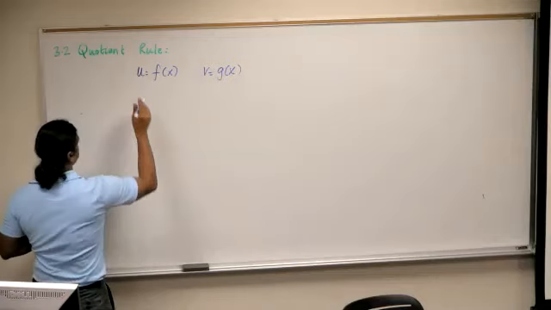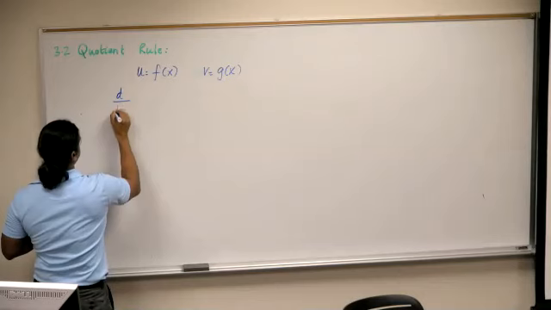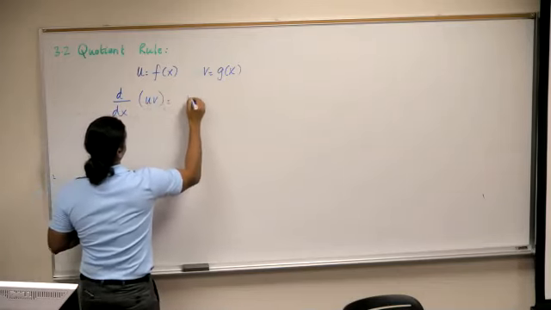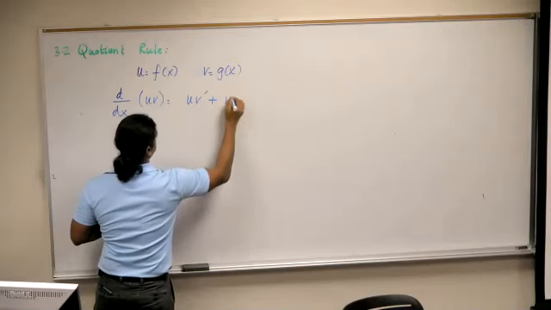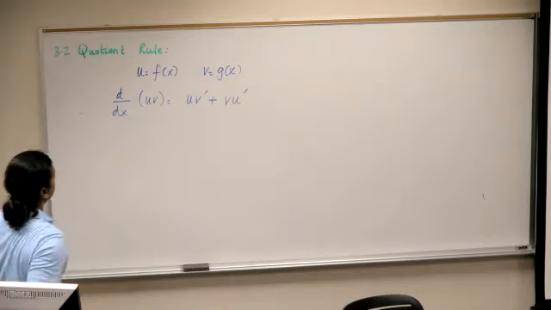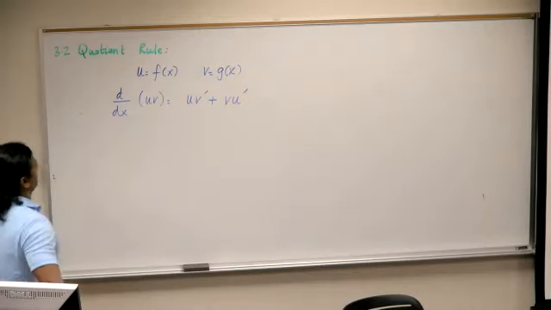And last time, if we have the products of two functions, the rule was quite simple. It's u v prime plus v u prime.